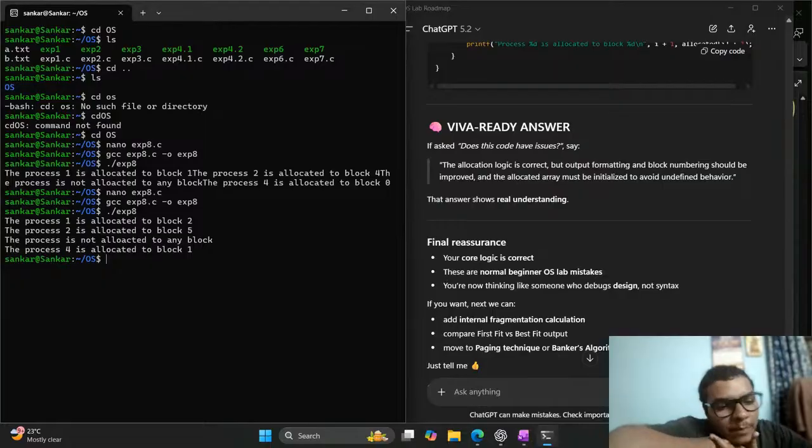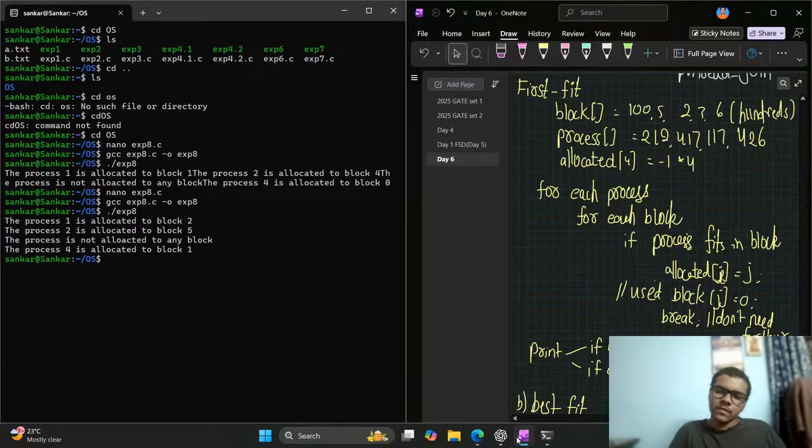It is saying the process is not allocated to any block. Why is it like that? So this is the process 3, 117. The 500 block, it can be allocated to 200 block, right?